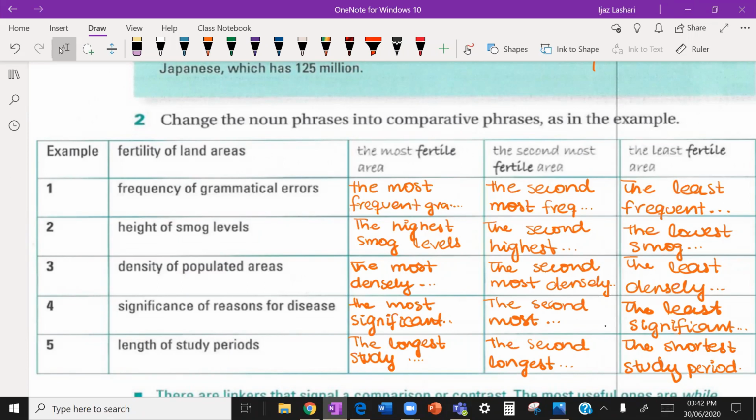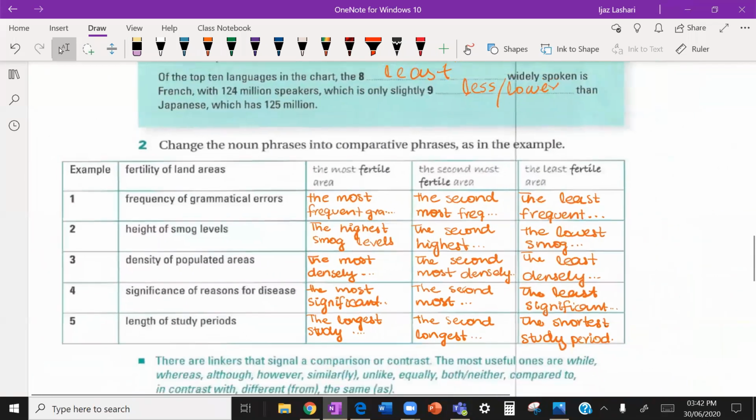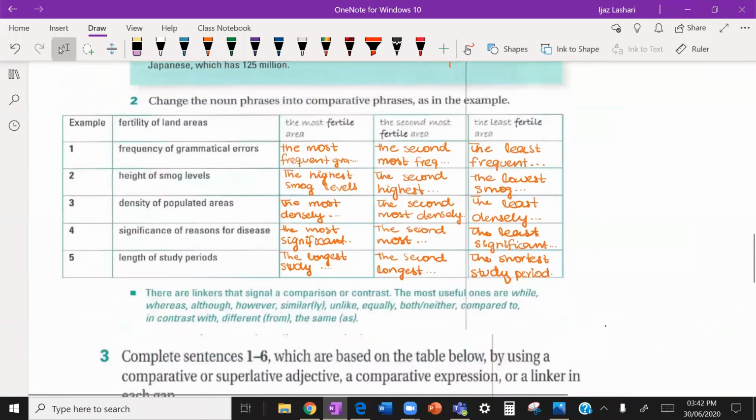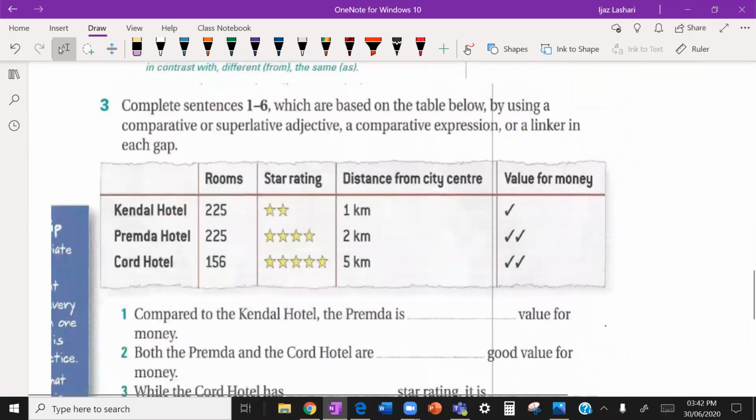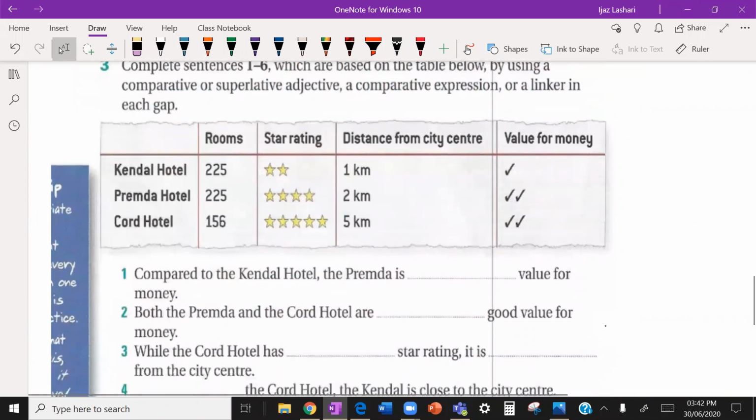There is another exercise about comparatives, the next one. We will work on that as well, so you will have a better picture about comparatives.